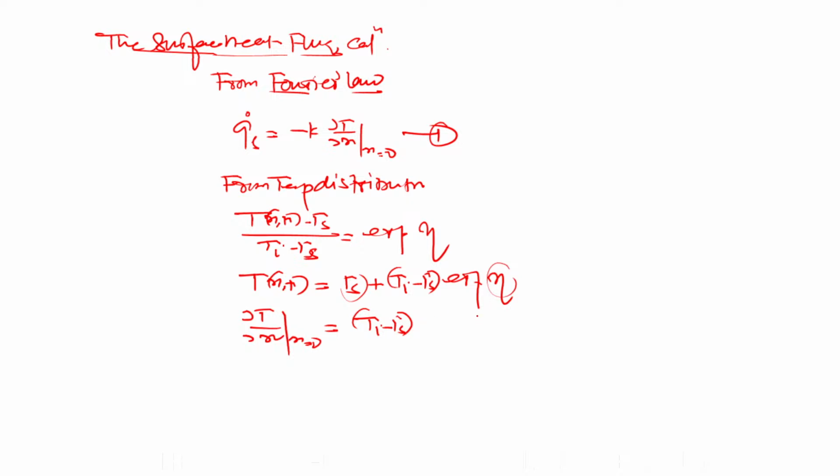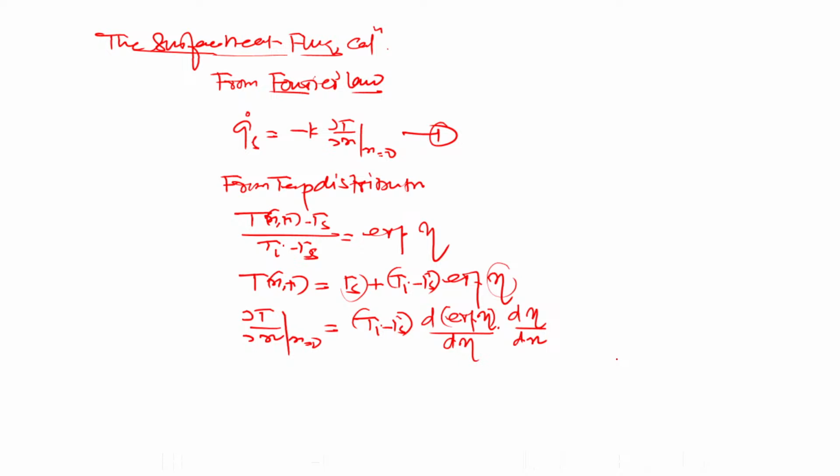So what should I do? Because it's a function of x and time, first we should differentiate this equation as d of error function eta upon d eta, into d eta over dx.